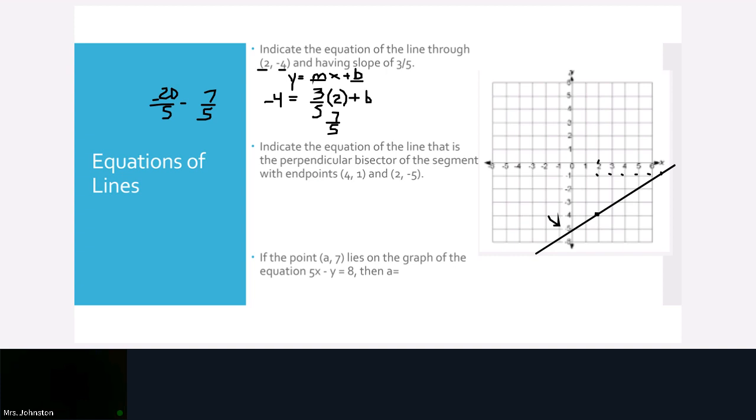So let me correct that. Together that would equal -26/5.